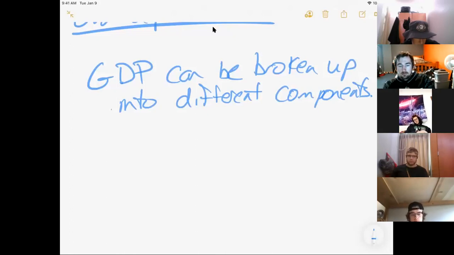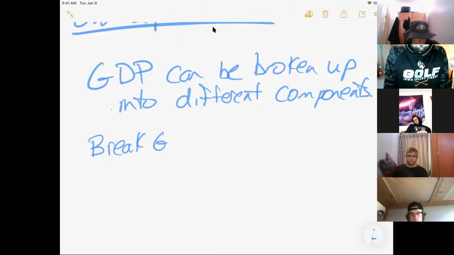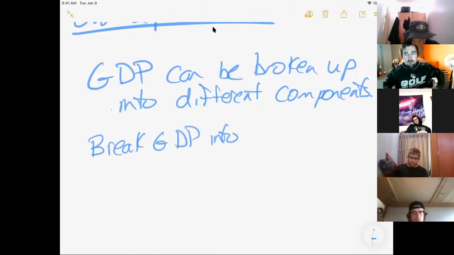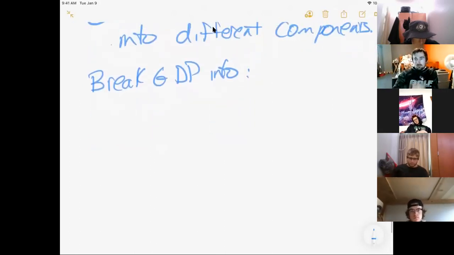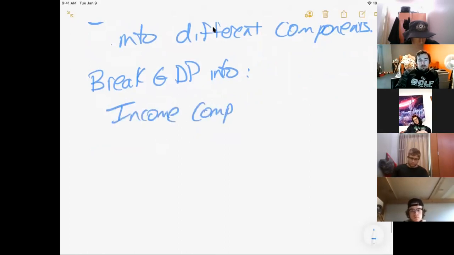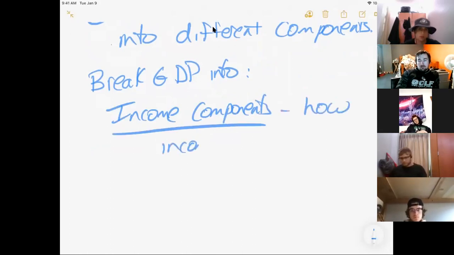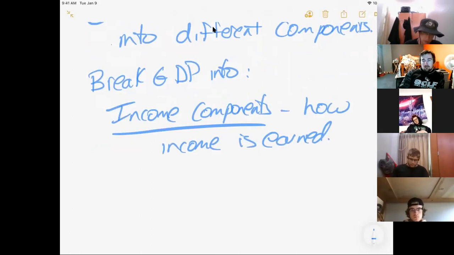There is a way to break GDP into income components. You can break GDP based on how income is earned.